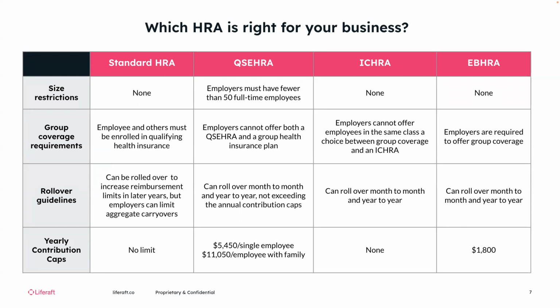But the thing I would say here is that the right structuring and the right account type of the HRA really is going to come down to what you as a decision maker are looking to achieve with your benefits package, and what your employees are looking for, right?